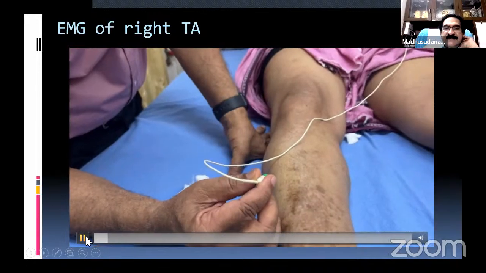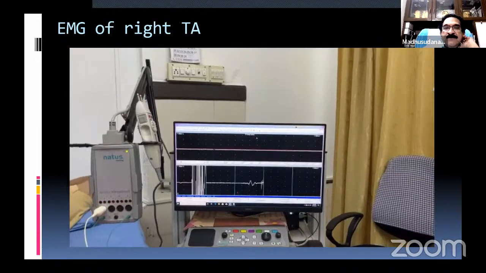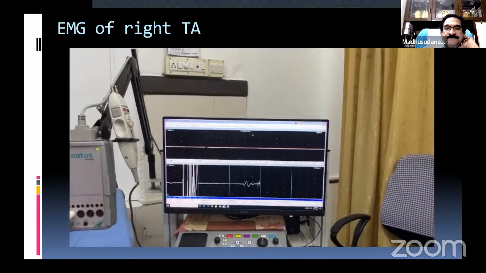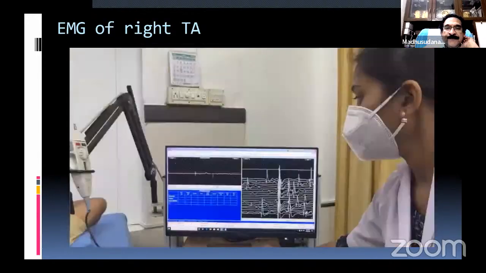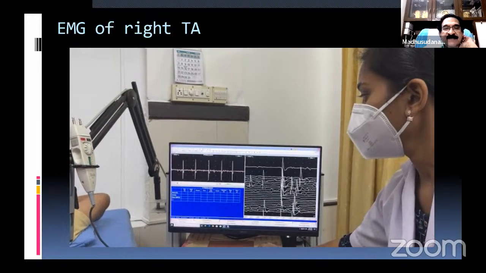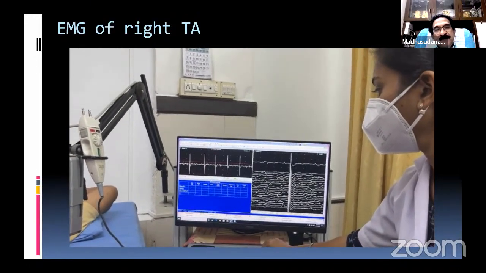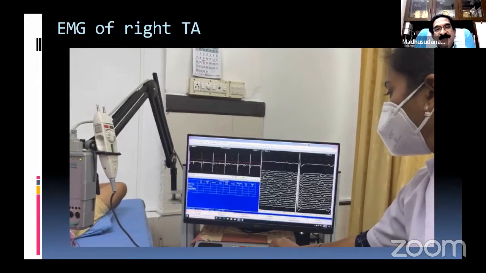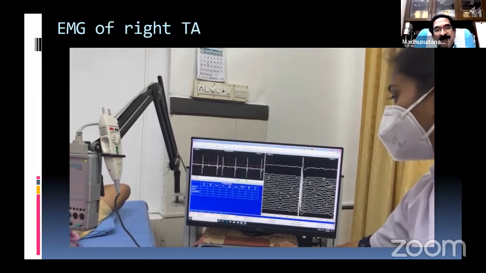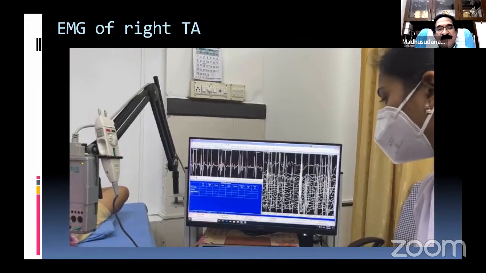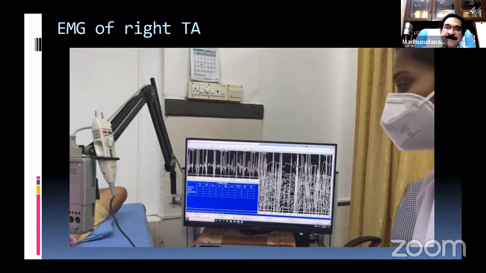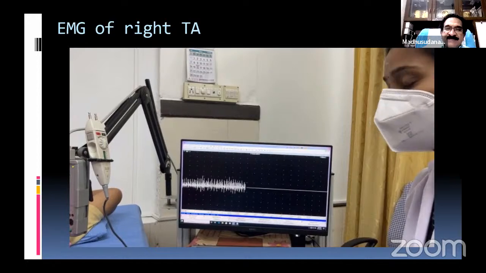The tibialis anterior. Again, no spontaneous activity. The increased firing rate of the potential, that's the sign of denervation. Then a mild decrease in recruitment pattern.